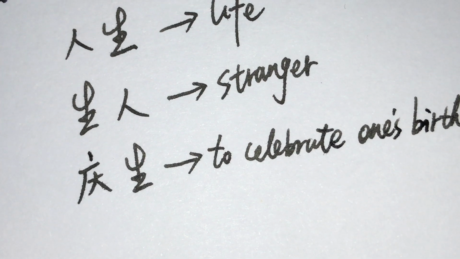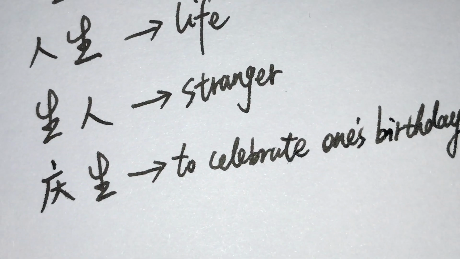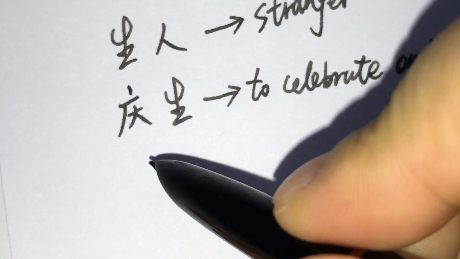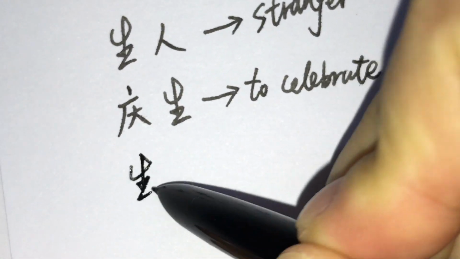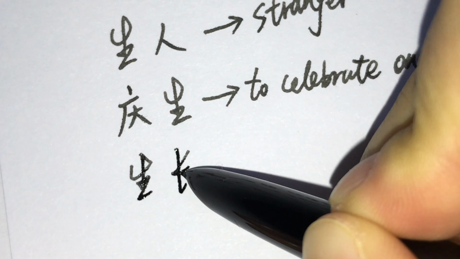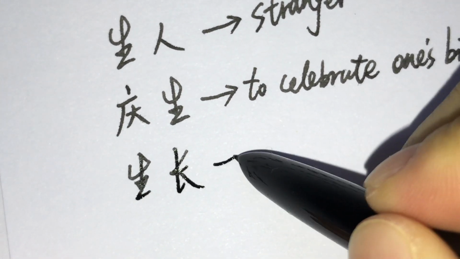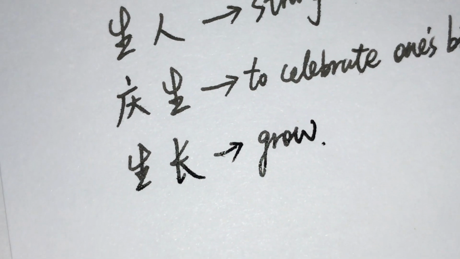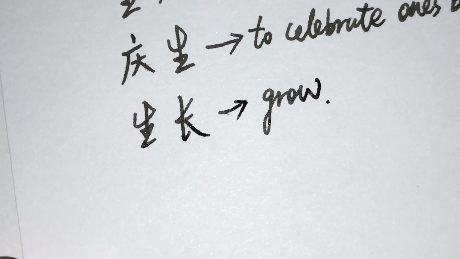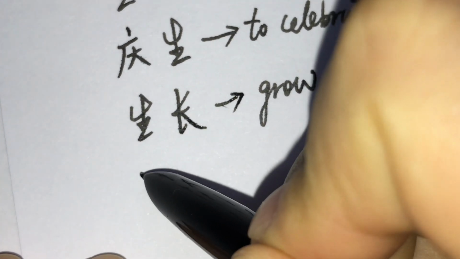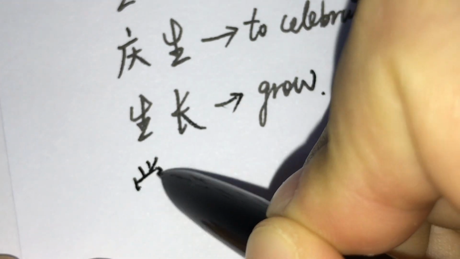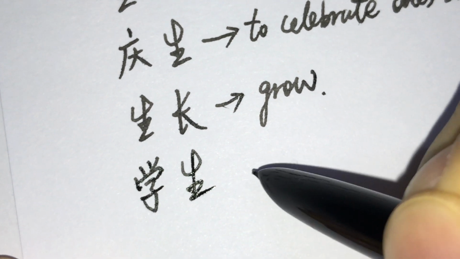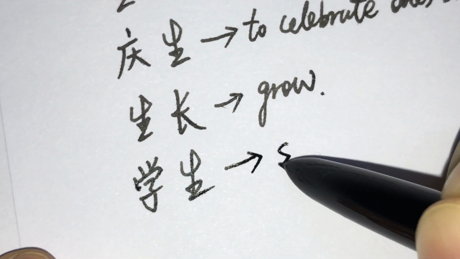Qing sheng, to celebrate one's birthday. 生长. Grow. And 学生. Student.